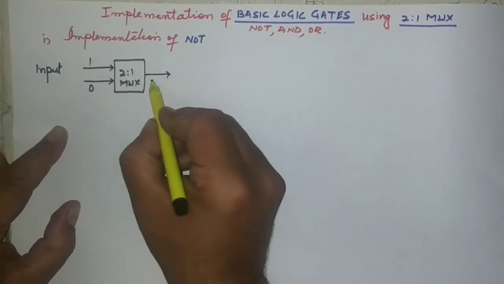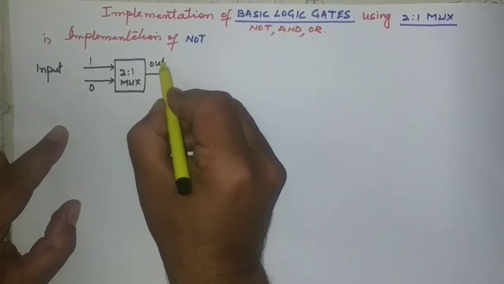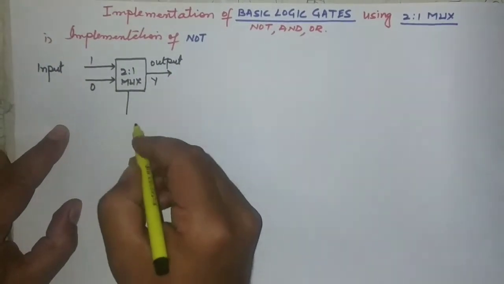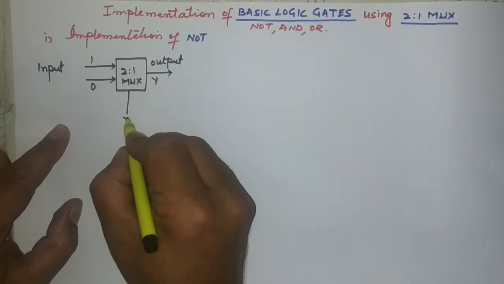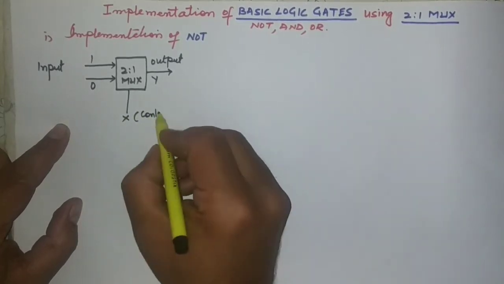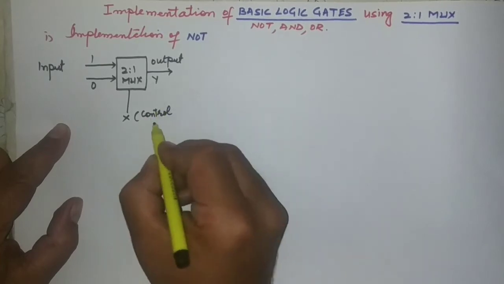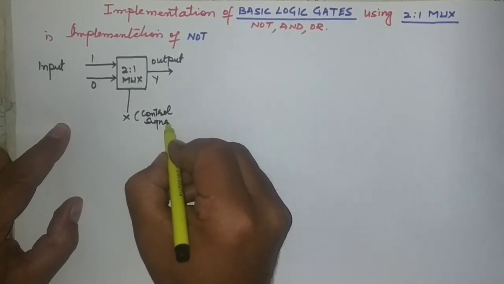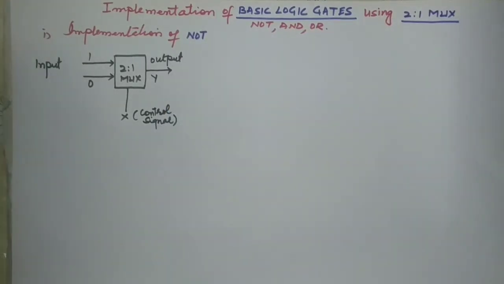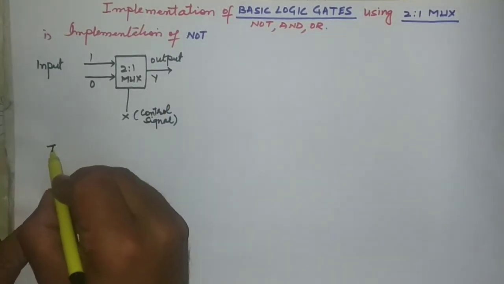This is output Y and this is the control signal X. So this is the initial setup.